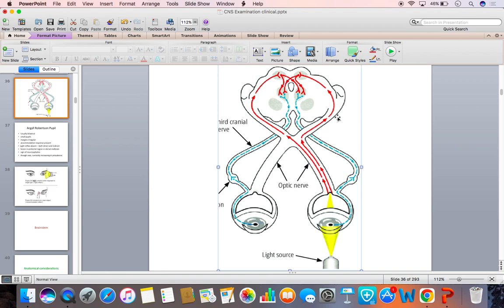Is it clear? Well, in the oculomotor nerve lesion, when you stimulate the testing eye, the afferents are going to the center, and there is a block for the efferents to reach along the oculomotor nerve to the pupillary constrictors of the testing eye. That is the reason why in oculomotor nerve lesions, both direct as well as indirect light reflex is absent.